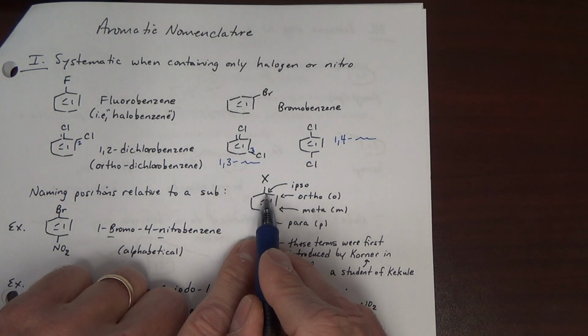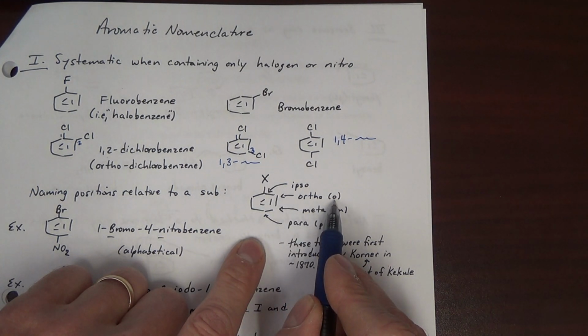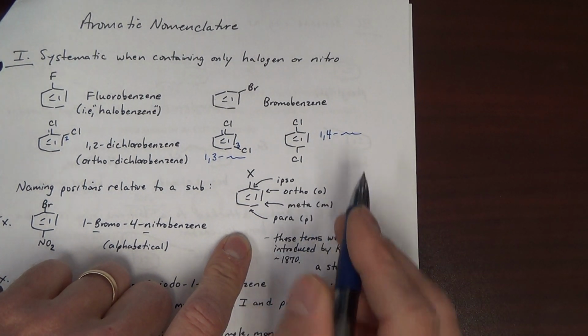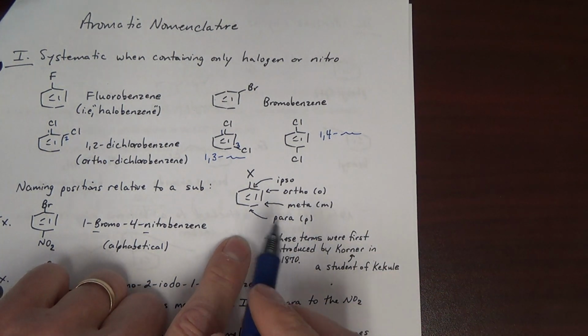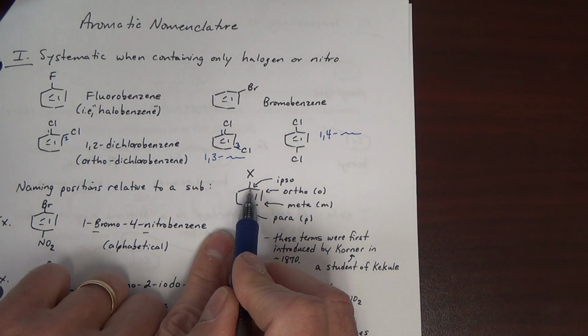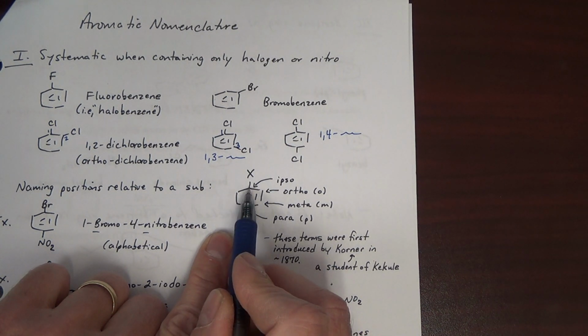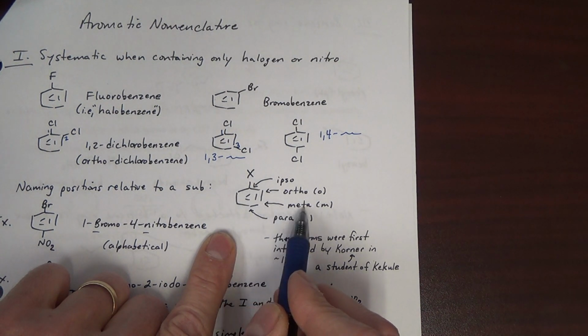Okay, the position next to where the substituent is located is called the ortho position. And sometimes these can be designated with just the letter in parentheses. The next position compared to the substituent, that is not adjacent but the next one, if this is 1, that would be 2, not 2 but 3, that's referred to as the meta position.